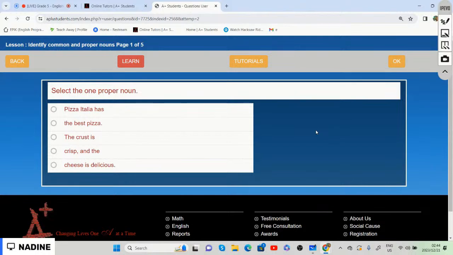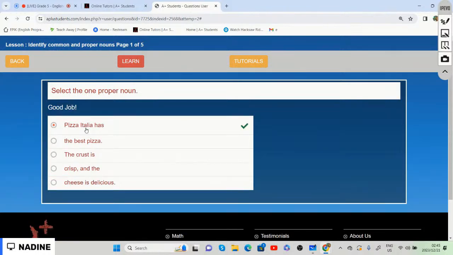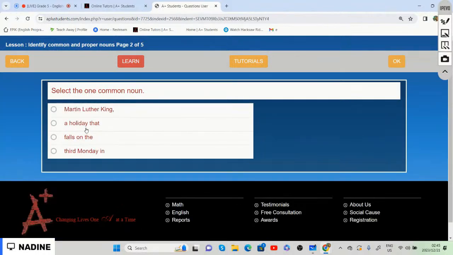All right, if we select the proper noun within that sentence, we can say Pizza Italia has, right? So the first one, which is Pizza. Remember, proper nouns, we capitalize, it's specific things, right?